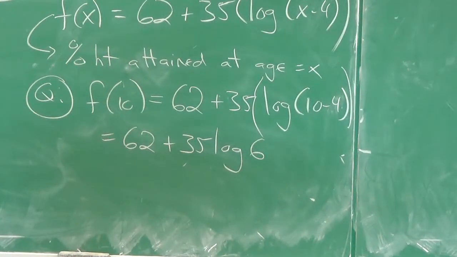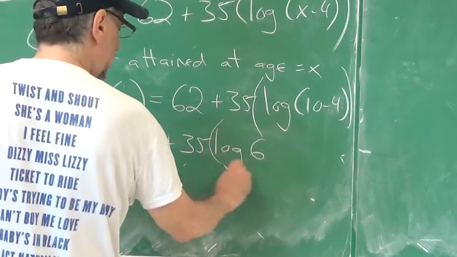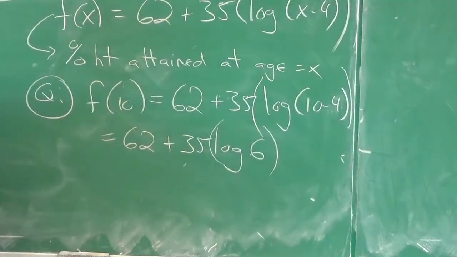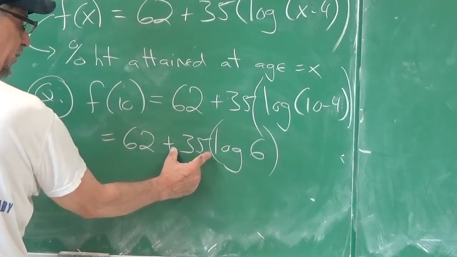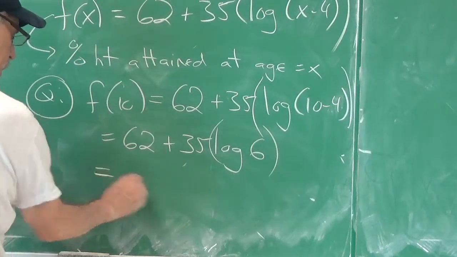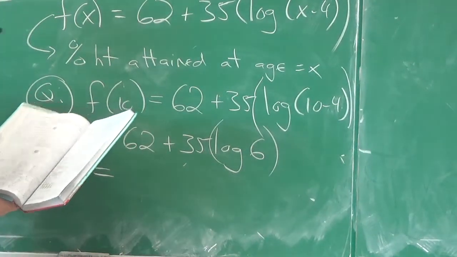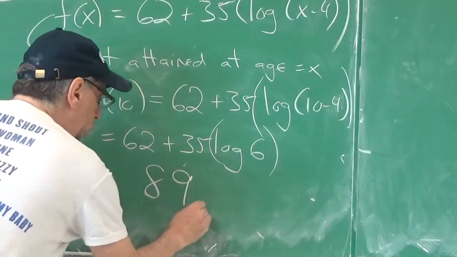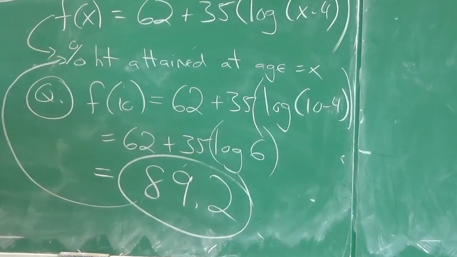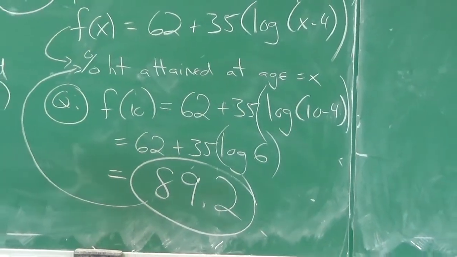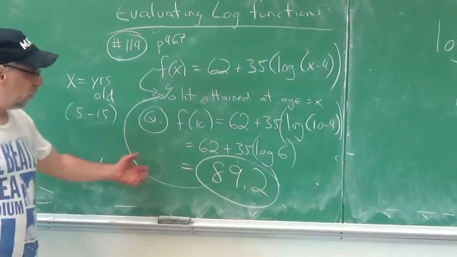And you're just going to plug that into your calculator. Logarithm, you're going to hit the LOG button and 6 and get a number for this. You're going to multiply it by 35. You're going to add 62 to it, and you're going to see that you come out with 89.2. So that is the percentage of height attained at age 10, almost 90%.